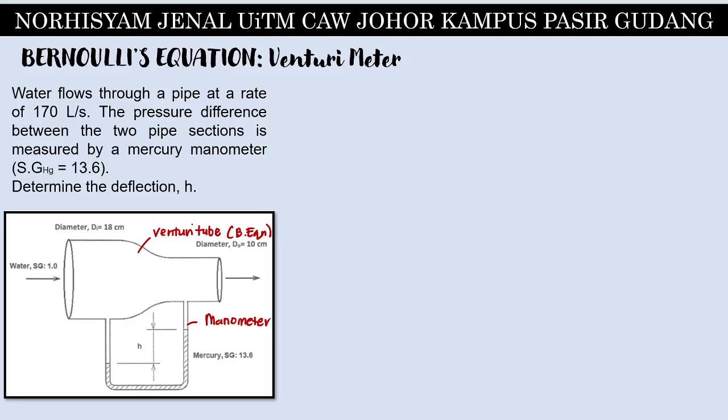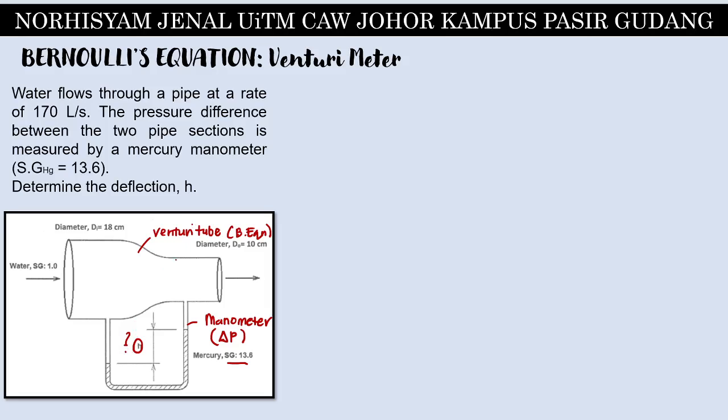Once again, the function of manometer is to find delta P. Okay, so water flows through a pipe at a rate of 170 liter per second. The pressure difference between the two pipe sections is measured by a mercury manometer, SG of mercury 13.6 here. Okay, determine the deflection H. So the question asks us what is H over here.